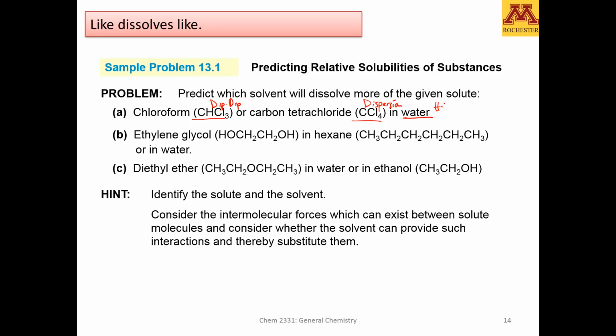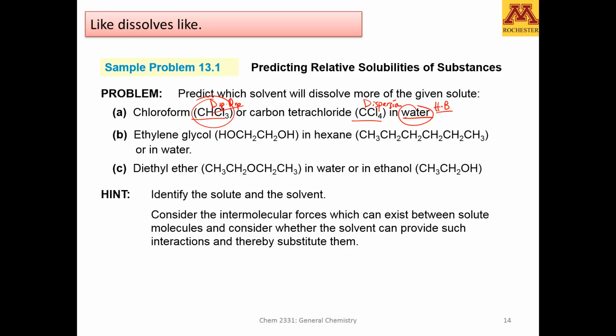Water, however, has hydrogen bonds. Notice that even though they are not quite the same, hydrogen bonds are closer in strength to dipole-dipole interactions. Because water is more like chloroform than tetrachloromethane, it means that water will interact better with chloroform, or trichloromethane.